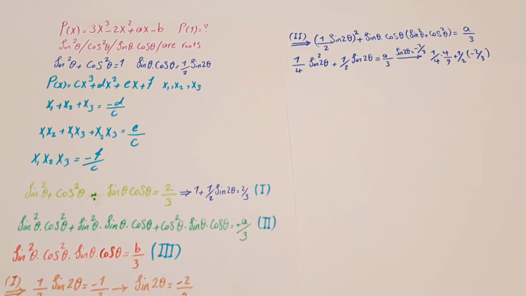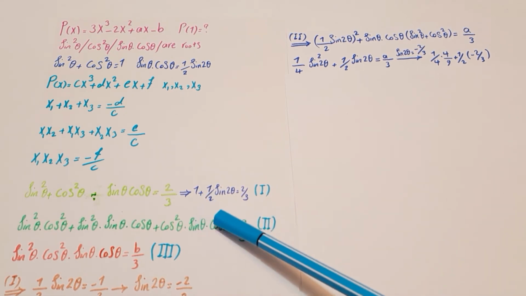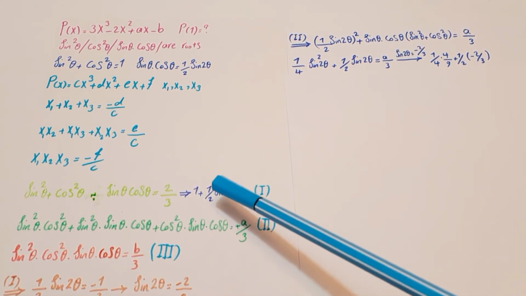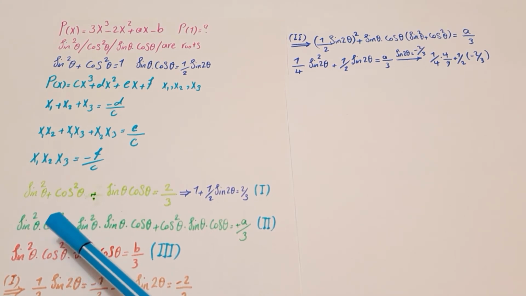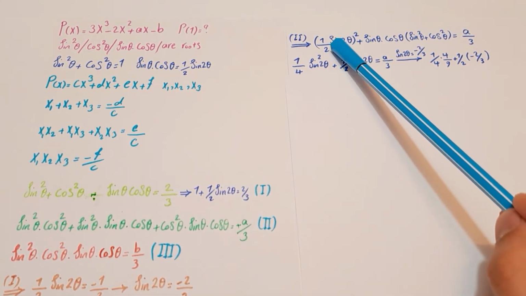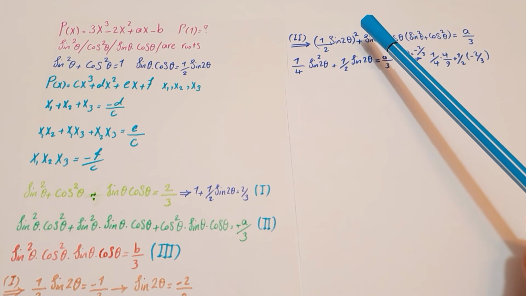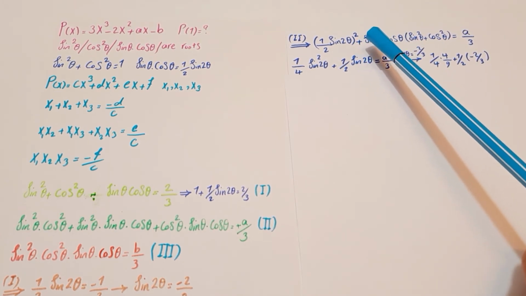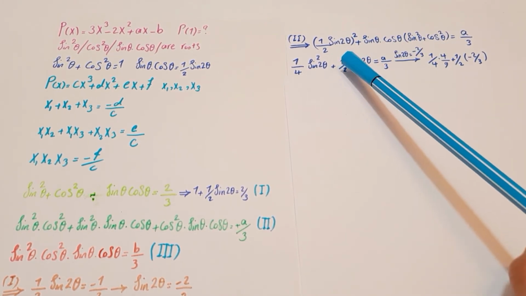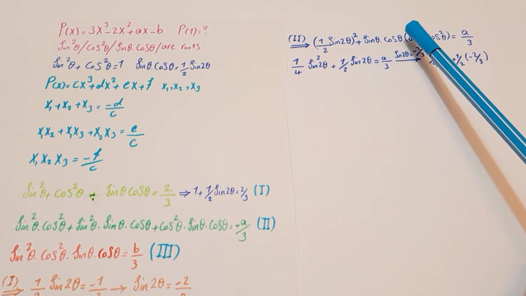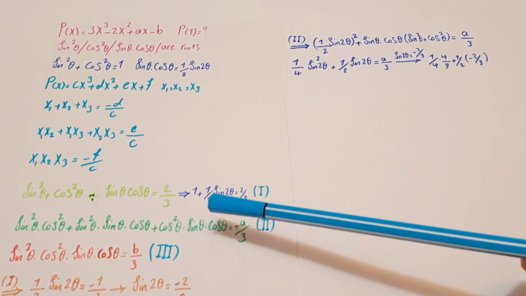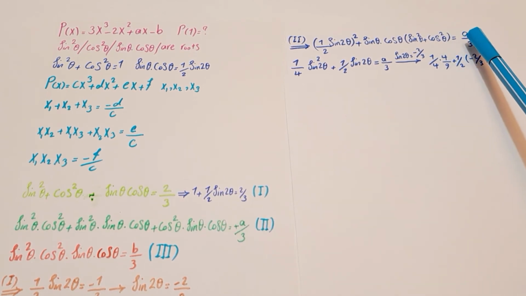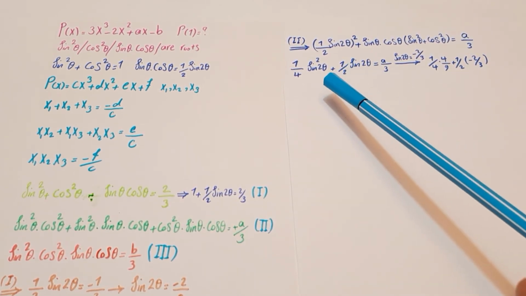According to the second equation, I can write sinθ times cosθ as 1 over 2 times sin 2θ, squared because we have the power 2, plus sinθ times cosθ. We can factor this one, and I can write sin²θ plus cos²θ in this one, and that's equal to a over 3.